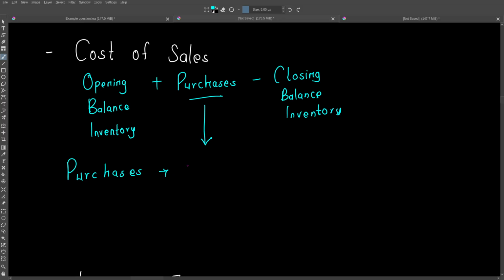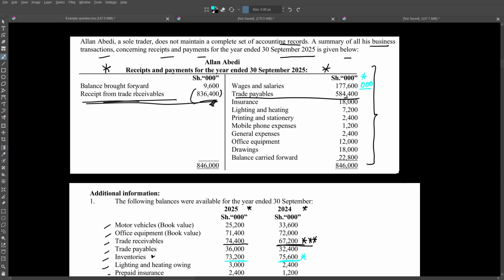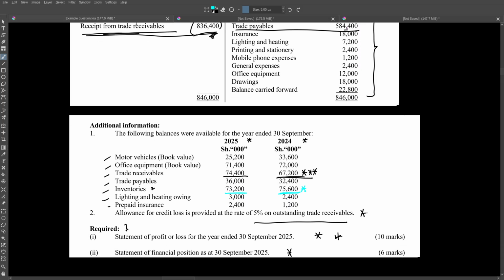So we have 584,400, but this is payment to the supplier during the period, because there is that payment that has been recorded. But when you look at our balances under trade payables, we have a closing balance of 32,400 from the previous period.